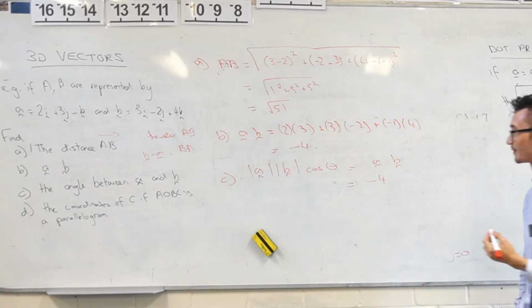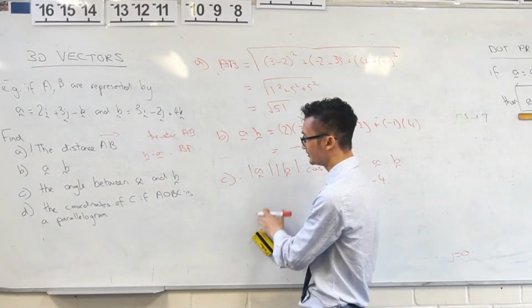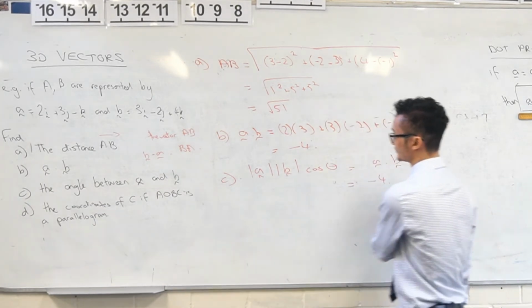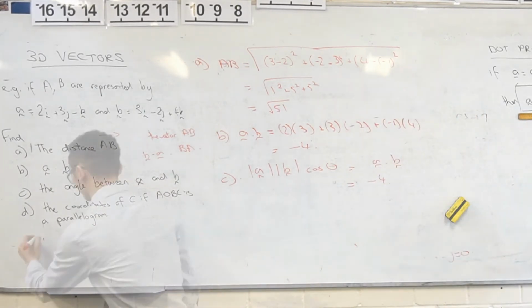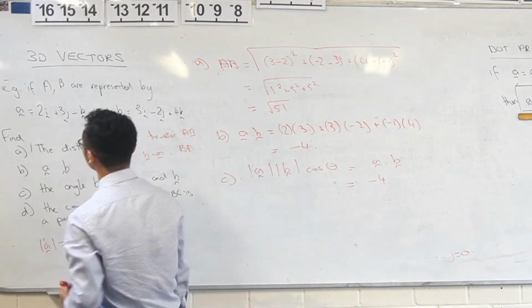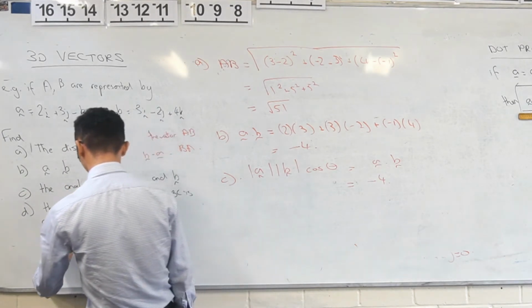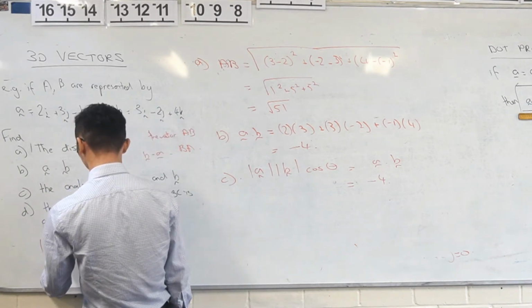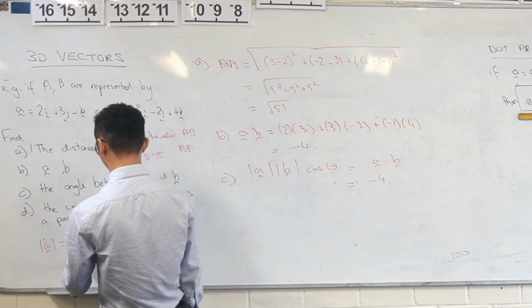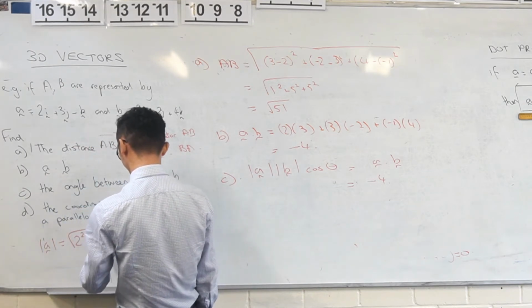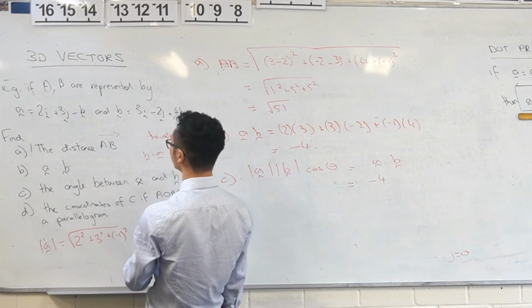So go ahead and find our magnitudes, and then work these guys out. All right, so for our magnitudes, we should get something like this.